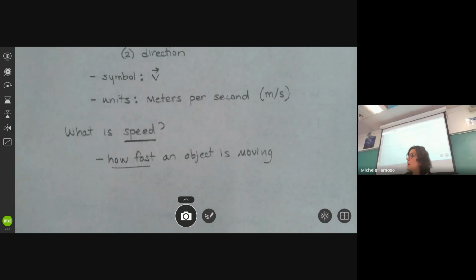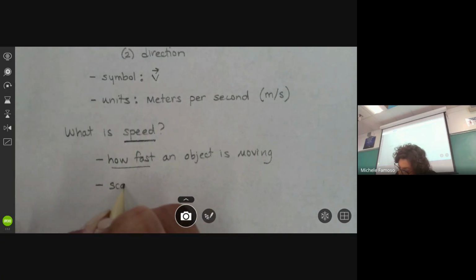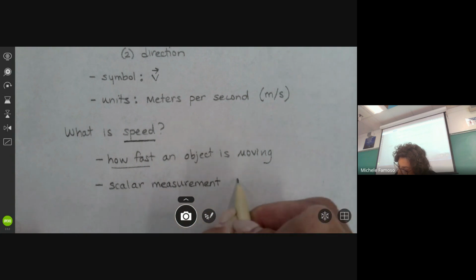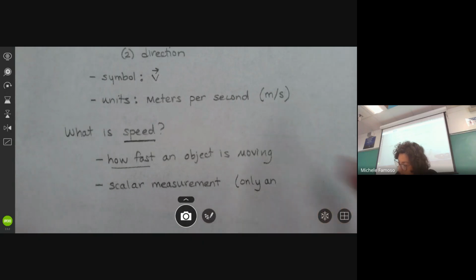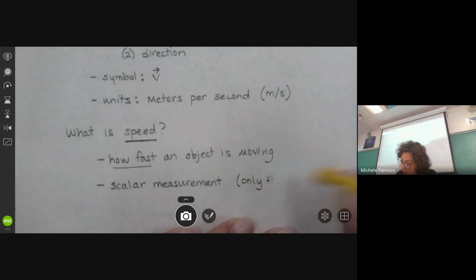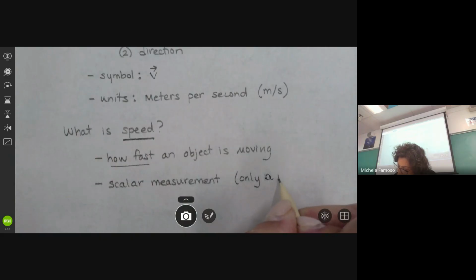Not a vector, but a scalar. That's right. This is a scalar measurement, which means there's only a magnitude. Only an amount or a size. There's no direction on it.